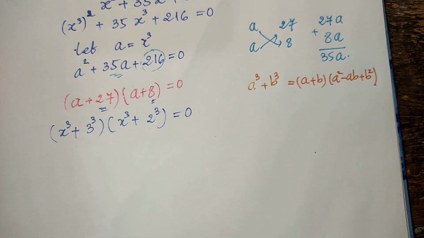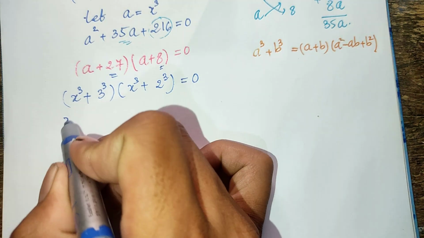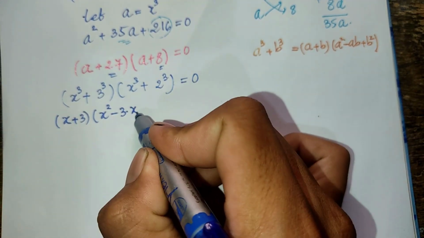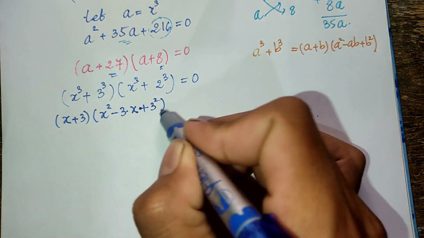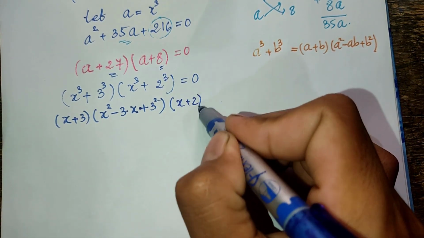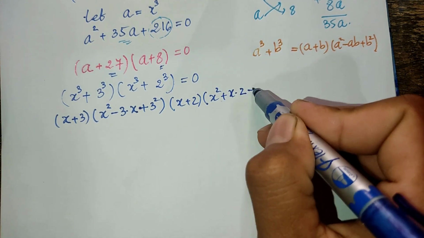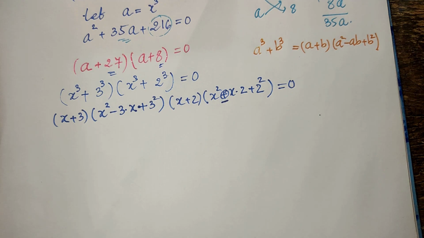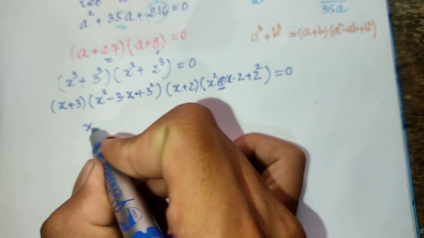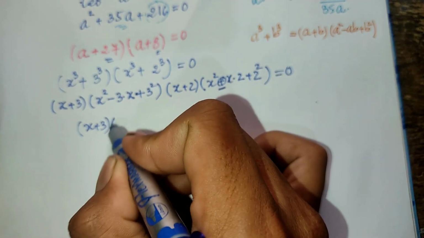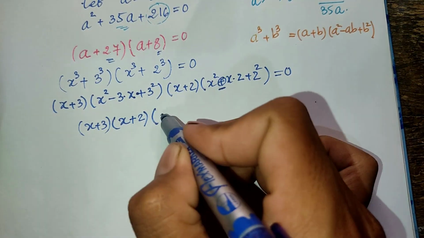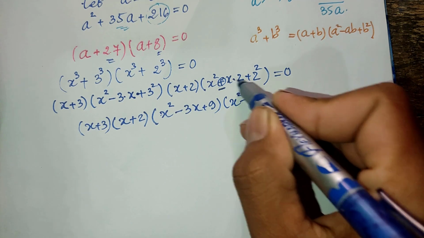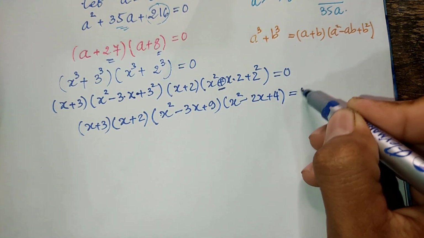So we get h plus 3 multiplied by h squared minus 3h plus 9, and h plus 2 multiplied by h squared minus 2h plus 4, equals 0.